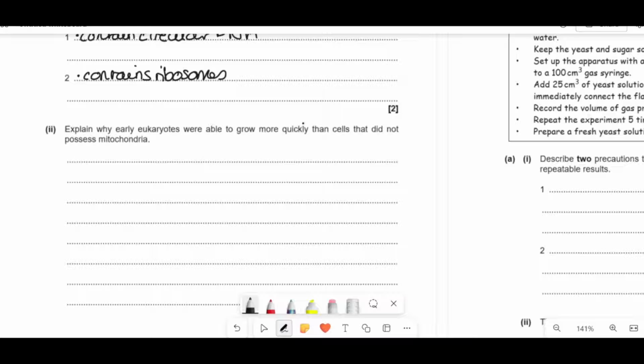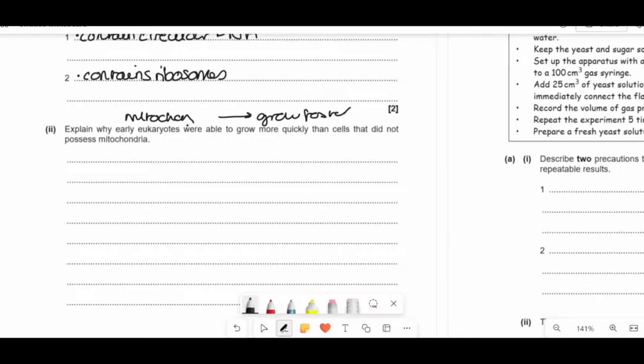So now it says, explain why early eukaryotes were able to grow more quickly than cells that did not possess mitochondria. So the question has objectively told you that having mitochondria means that you can grow faster. So then you need to think about why. What is the link?